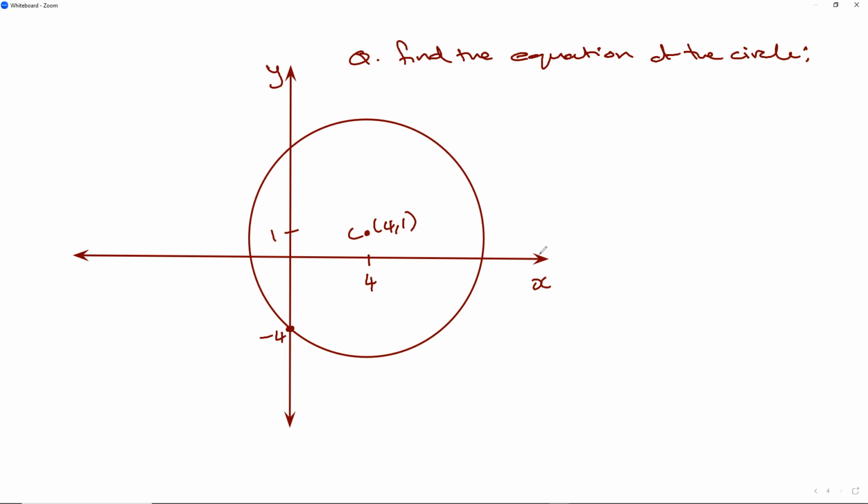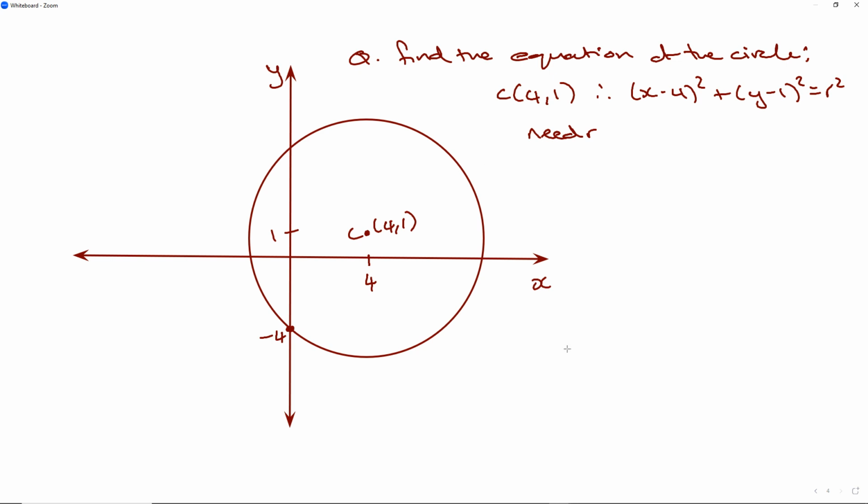Okay, my y-axis and x-axis, and this is my center. So immediately from the center of the circle, I can see that the center is 4 and 1. So therefore, I'll have x minus 4 squared plus y minus 1 squared equals r squared. So all I need now is r, which is my radius.